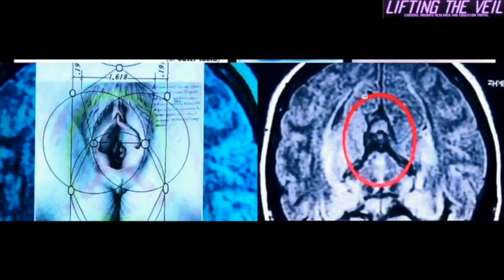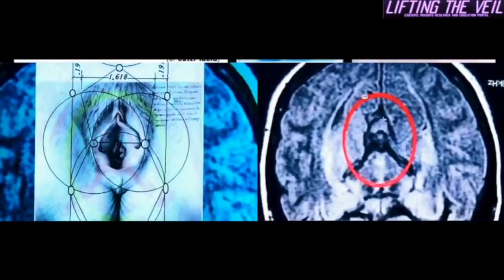As soon as I saw this, I immediately made a mental connection to the geometry: how the Vesica Pisces fits within the two hemispheres of the human brain, making up the geometry of this third ventricle, which falls direct midline of the bilateral symmetry of the human body.